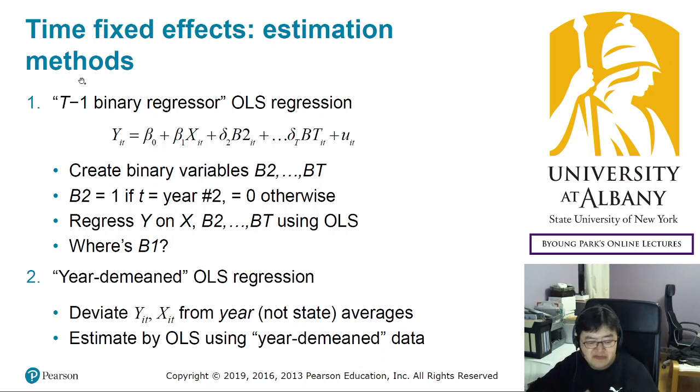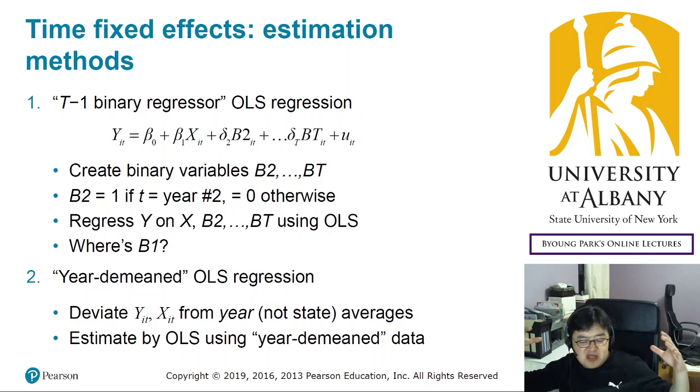But if the number of years is too large, then it is not easy to include all the dummy variables like this. In that case, as before, we need to cancel out the time fixed effects. Previously we considered the entity demeaned method, where you subtract the average over time within an entity.